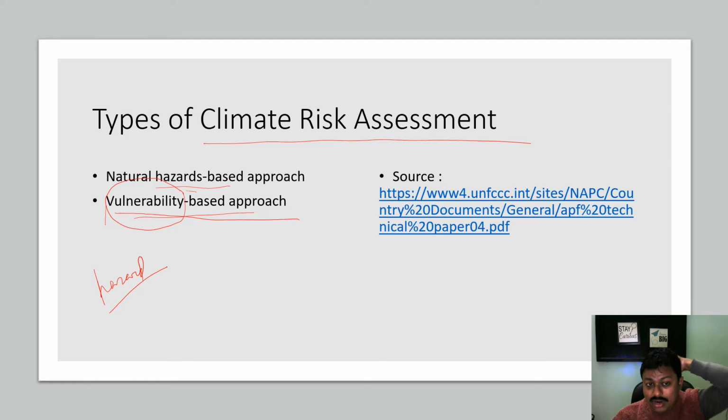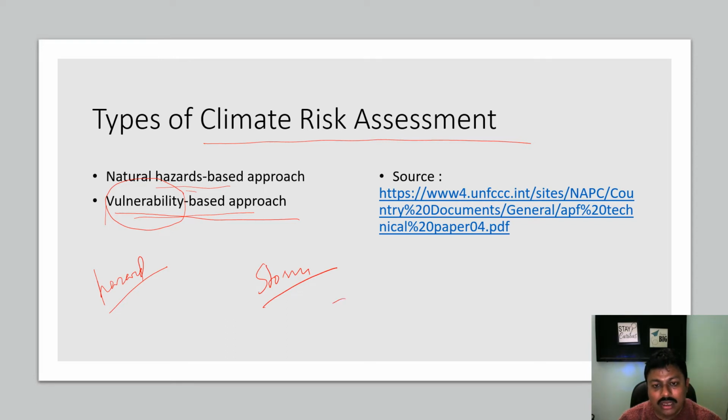Now, why are these two different? When I am considering the risk due to hazard only, I am not considering the response from the location where that hazard has taken place. Suppose a storm has occurred.